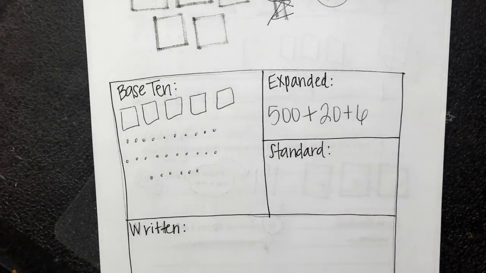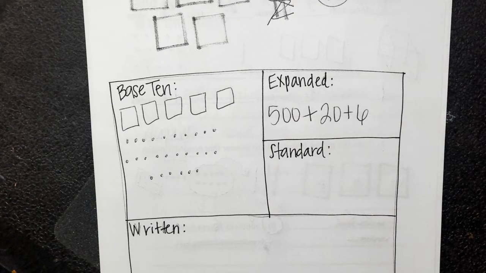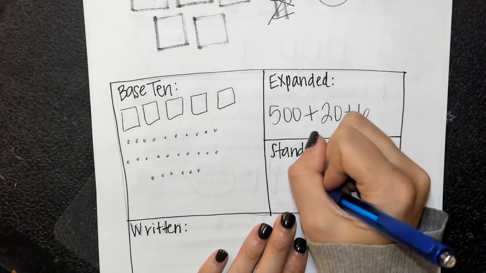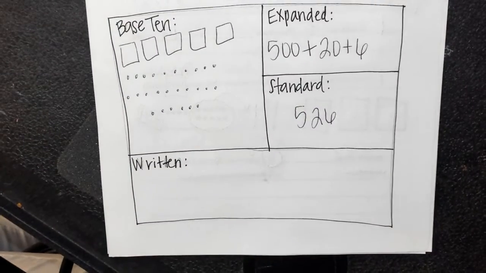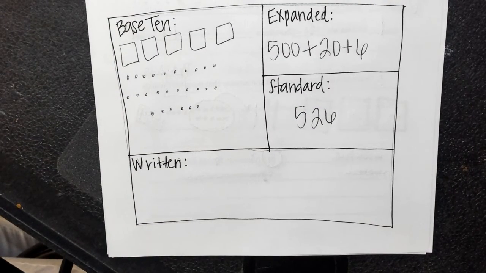Okay? Now it wants it in standard form. What's standard form? The regular old number. Mario, what's the regular old number for that base 10? 526. And then written form. When you write out a number, you write it just like you say it, right?